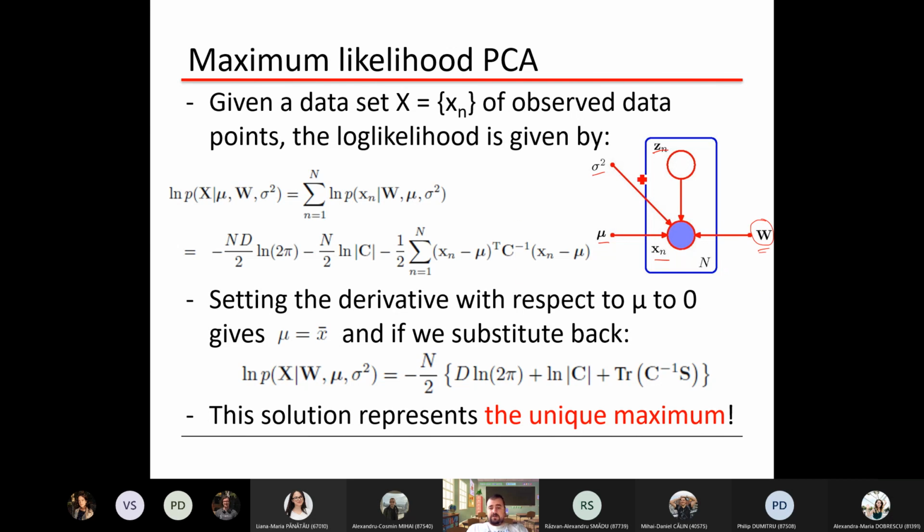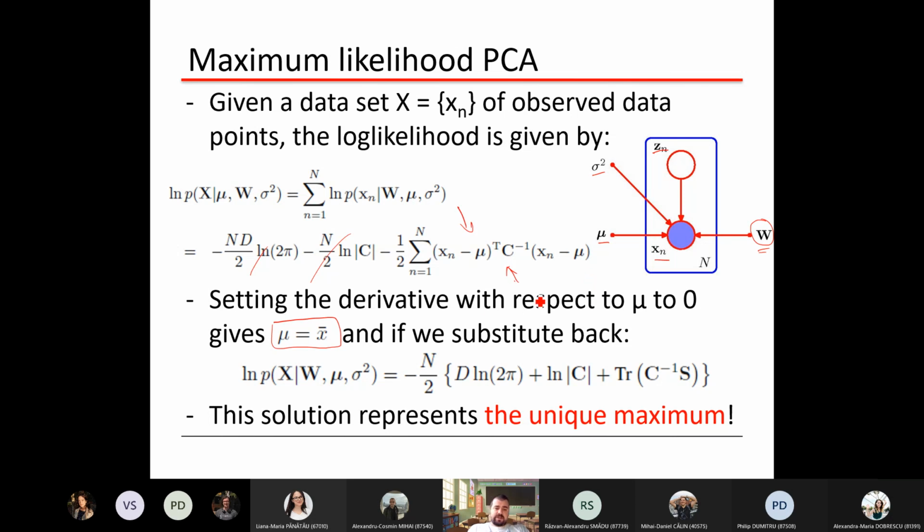So given xn of observed data, the log likelihood is the logarithm of p of x given mu, W and sigma square, which is the summation of the logarithm of p of xn given W, mu, and sigma square. It has this formula, and when we set the derivative with respect to mu equal to 0, these terms disappear, it remains only this one, and we obtain that the value of mu is nothing else than the mean of the original data.